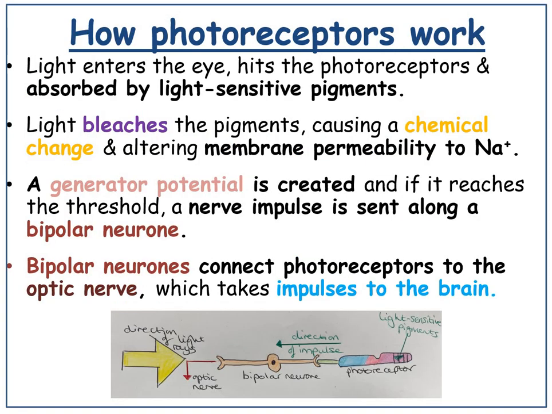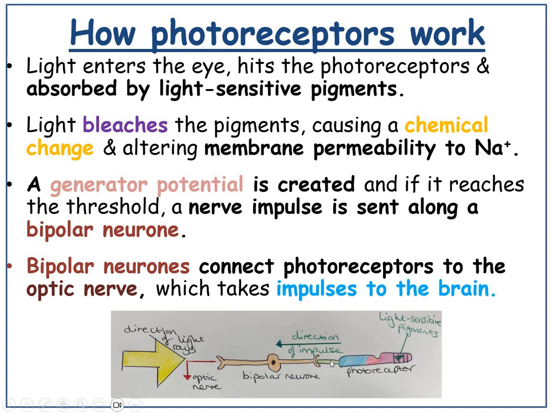So how do photoreceptors work? Light enters the eye, it hits the photoreceptor and is absorbed by light sensitive pigments, and light bleaches the pigments, causing a chemical change and altering the membrane permeability to sodium.